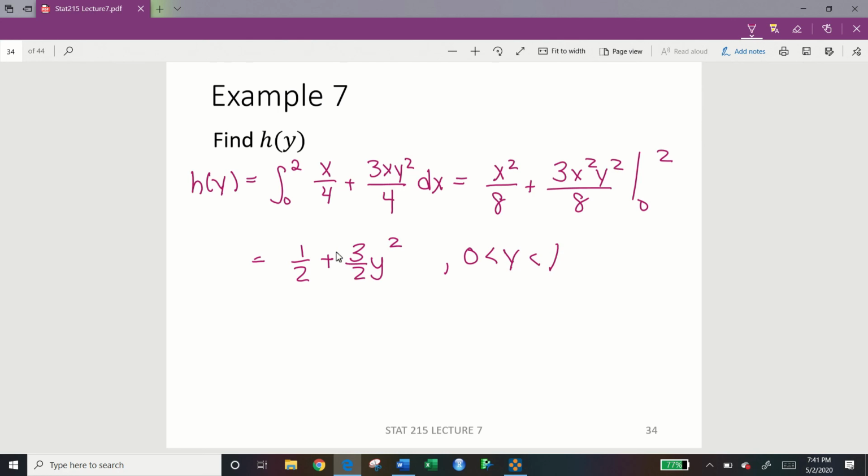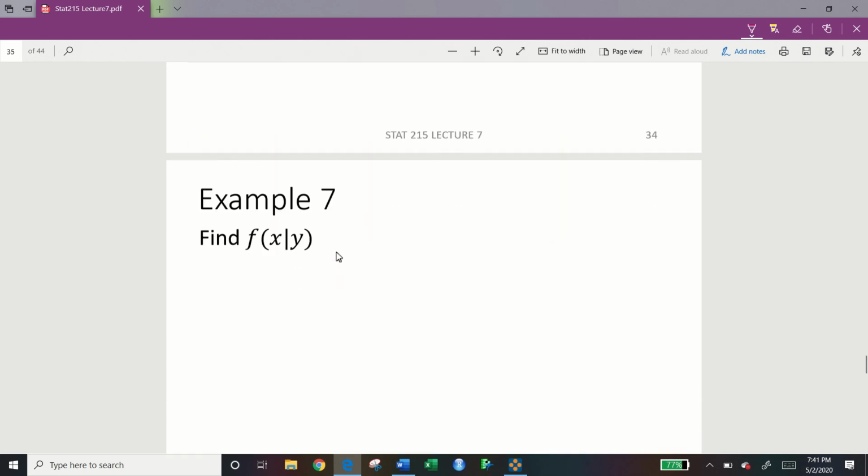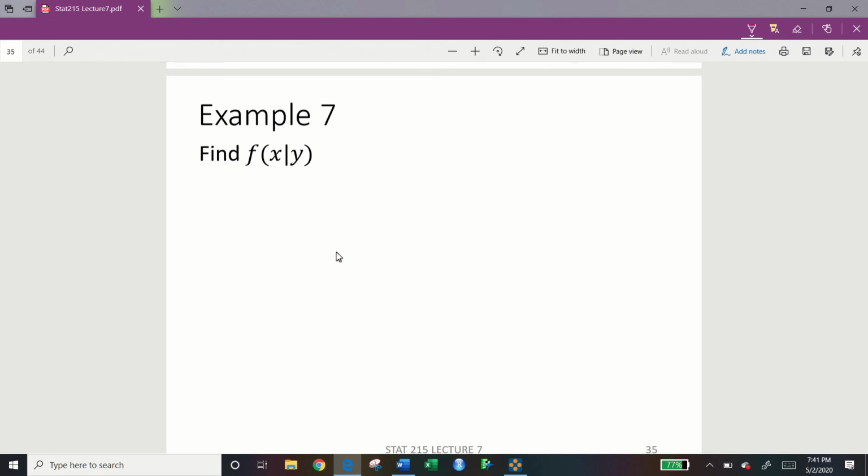Very good. Now let's see if we can use our marginal distributions to find some conditional events. So let's find f of x given y. f of x given y equals f of x comma y over h of y.